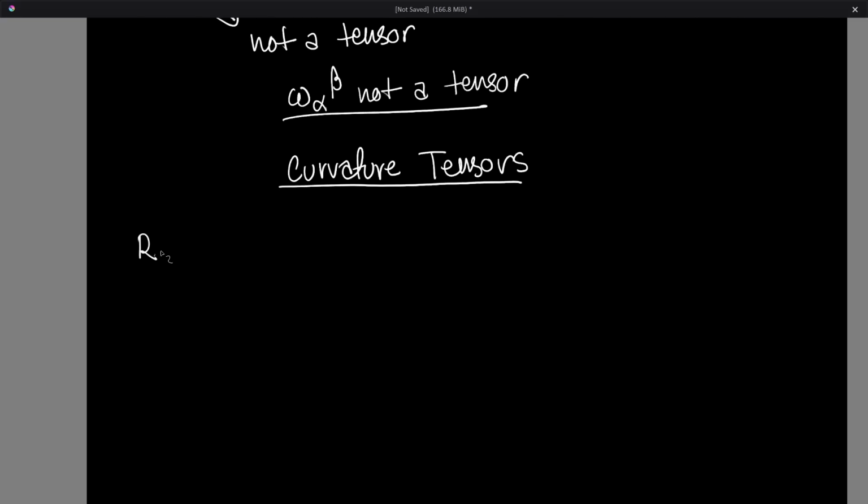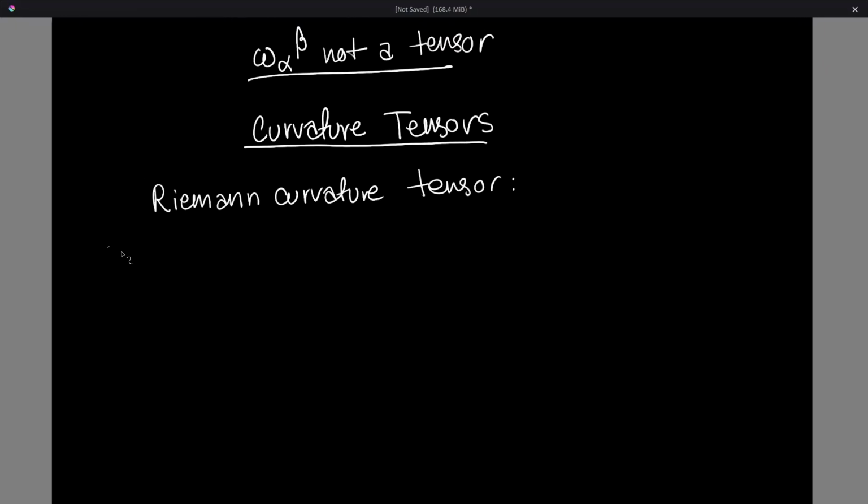It's called the Riemann curvature tensor. So the Riemann curvature tensor is a 1-3 tensor field.